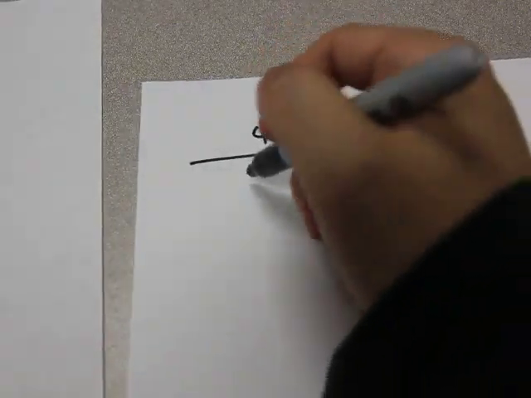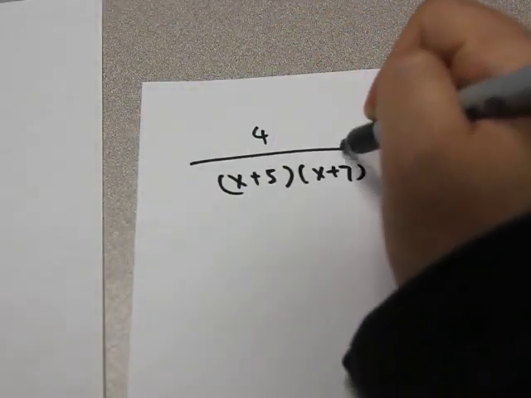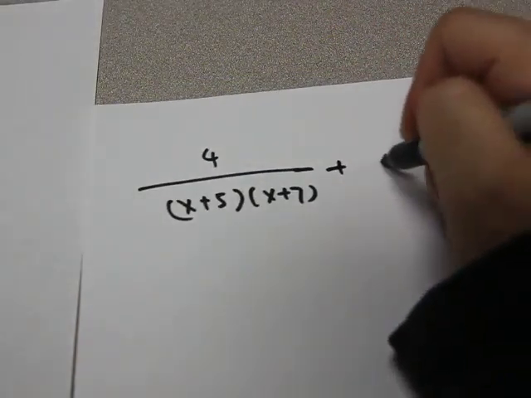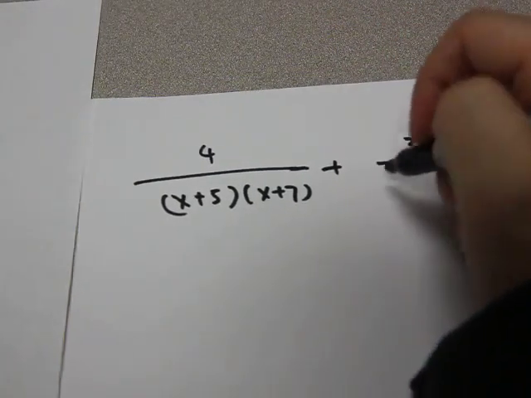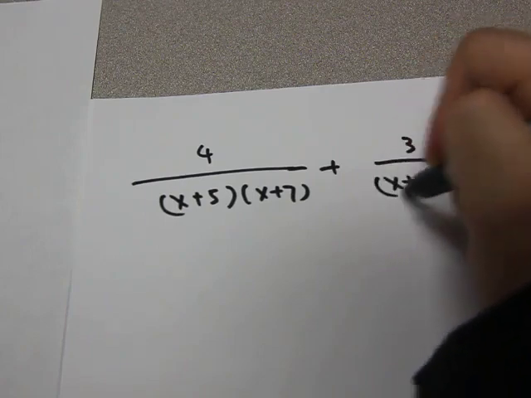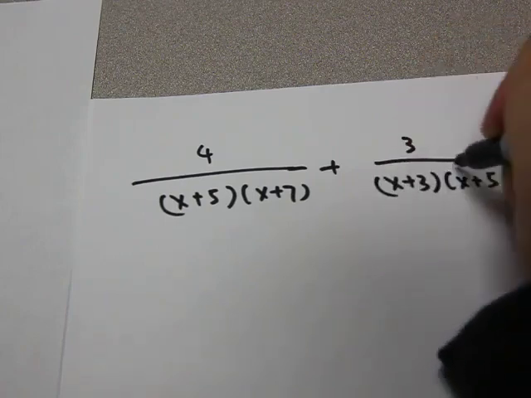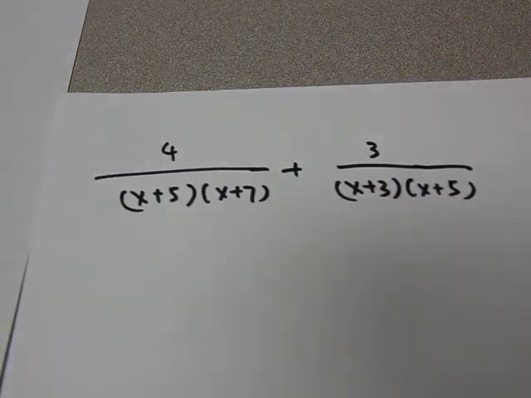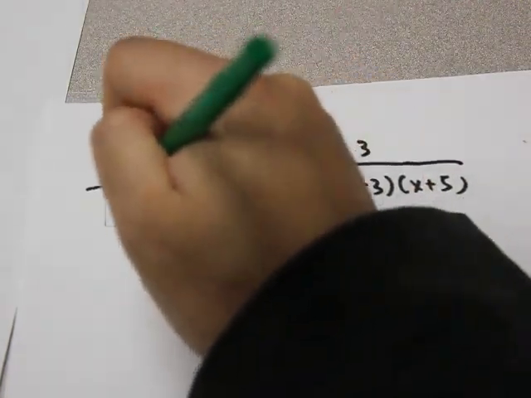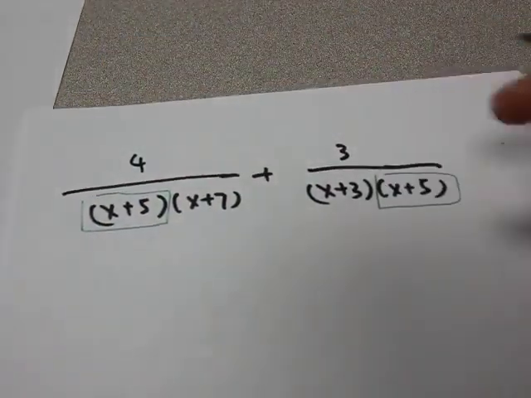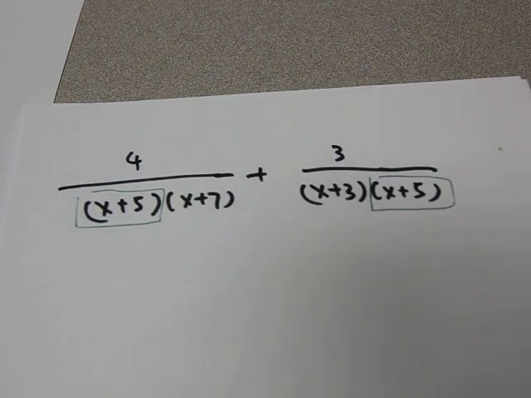So the first denominator becomes x plus 5 times x plus 7. And the second denominator becomes x plus 3 times x plus 5. Okay, now let's take a look at what is the common factor between these two denominators, which is x plus 5, right?